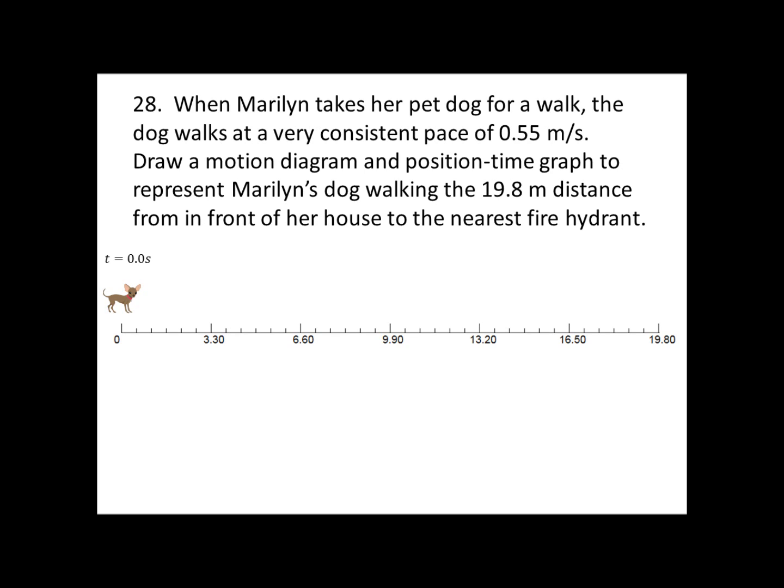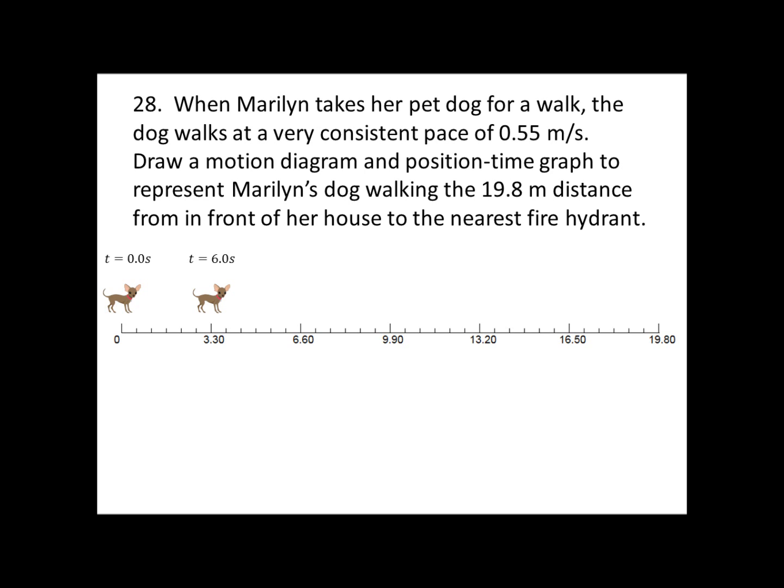at t=0. Now, to draw a dog for every single second would be a little too cumbersome. So I've broken it up so that we're going to see a picture of the dog every 6 seconds. Now, you don't need to label this second picture in your homework. I'm just doing this for our discussion here.